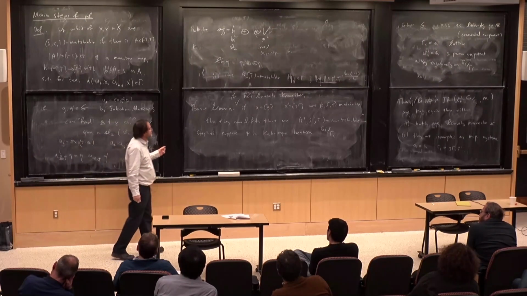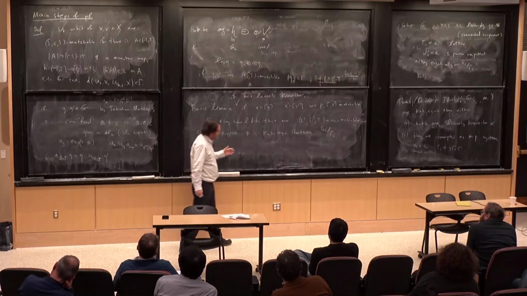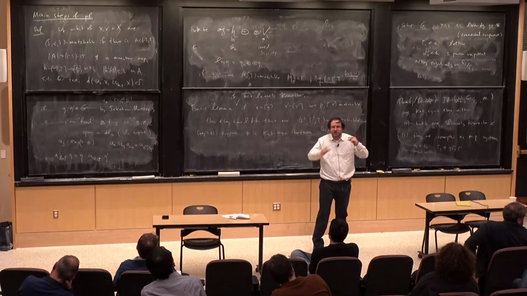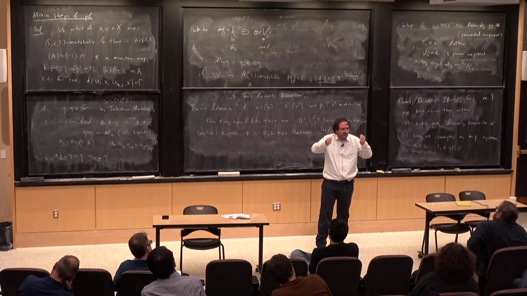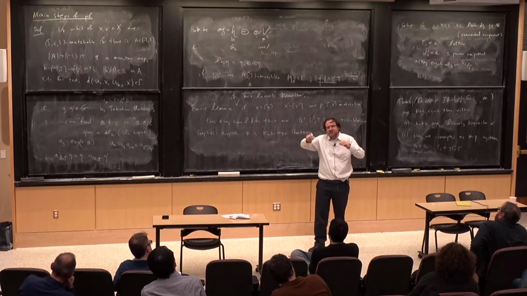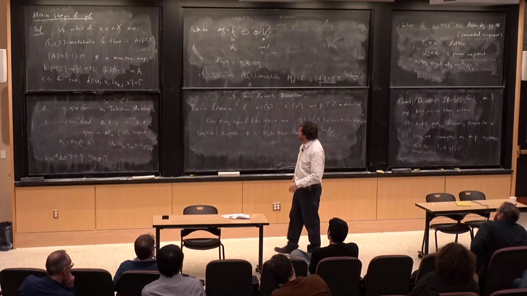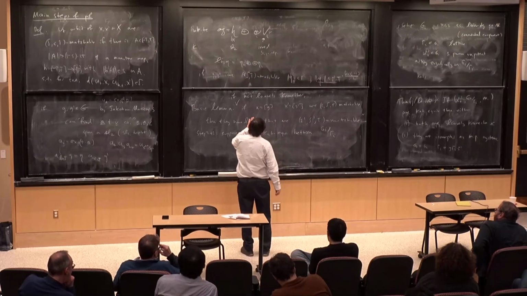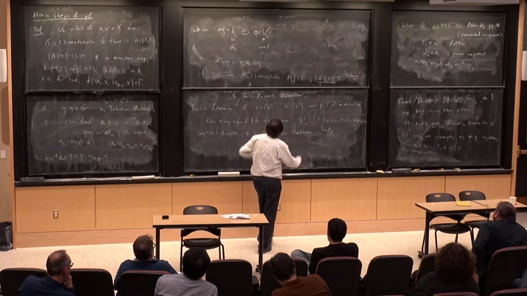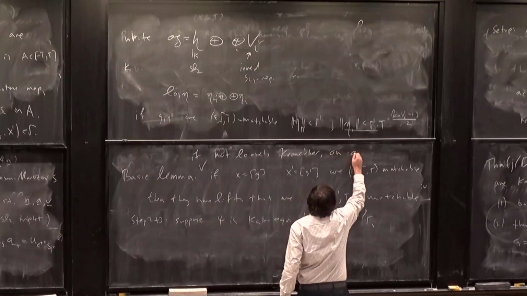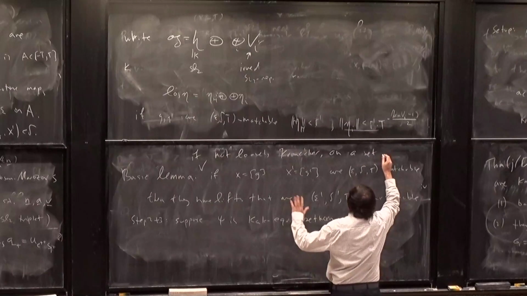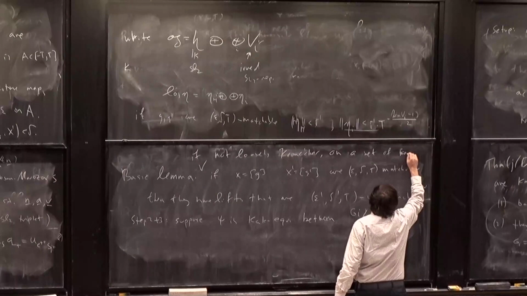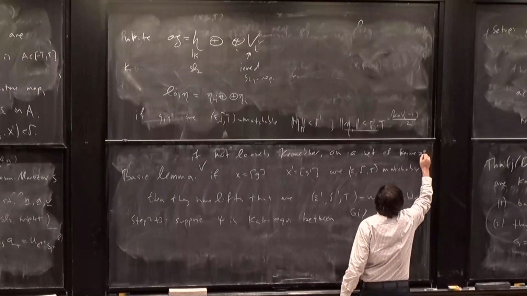So if you have pairs in G1 mod gamma 1 that are matchable, because you understand their relation to each other, because they're in this kind of Kakutani ball, their images are too. And I should say, this holds on a set of large measure, of measure bigger than 0.99.